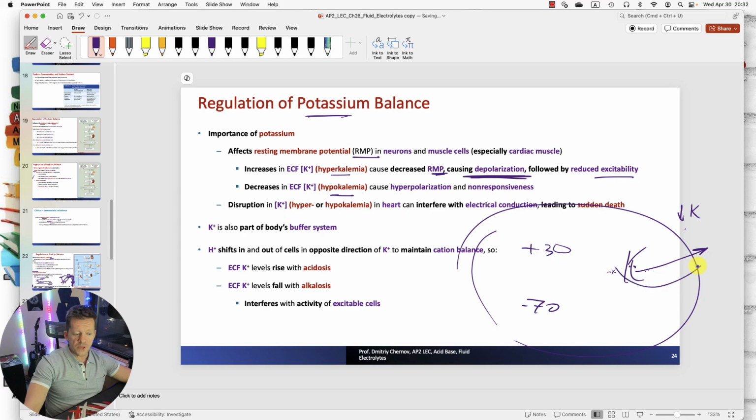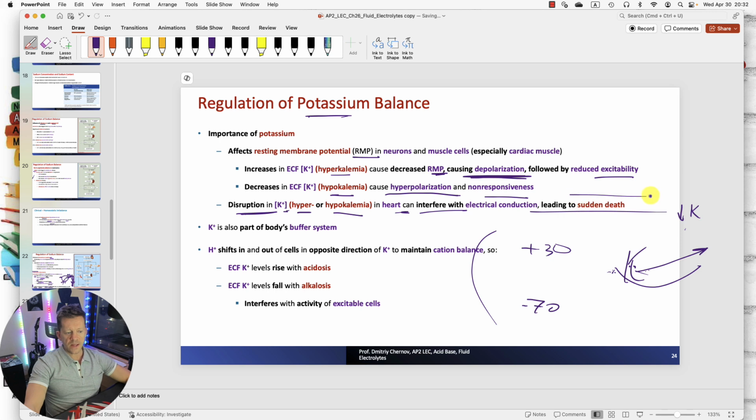By removing potassium, you're repolarizing the membrane, but now you're removing more and you will hyperpolarize. So that will lead to non-responsiveness, because when you're getting to the refractory period, hyperpolarization, you cannot generate another impulse. You cannot generate another action potential. So disruption of potassium, either hyper or hypokalemia, in the heart, for example, can definitely interfere with electrical conduction, and that may lead to death.